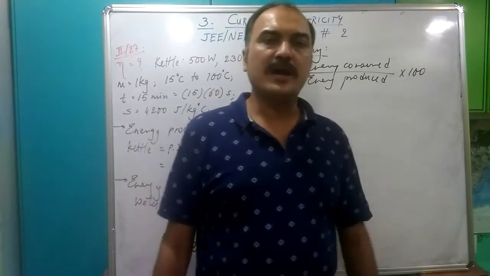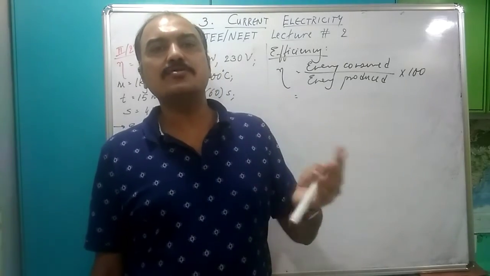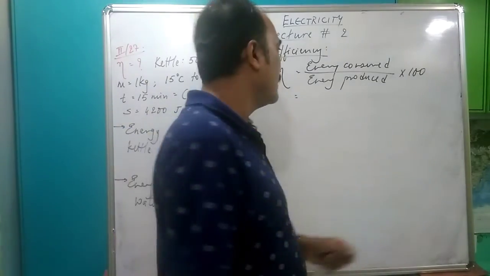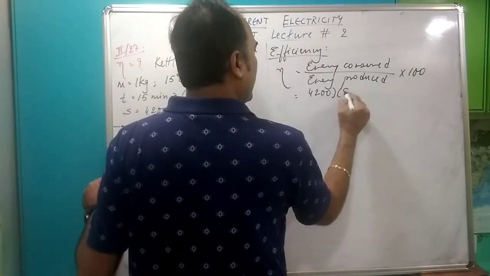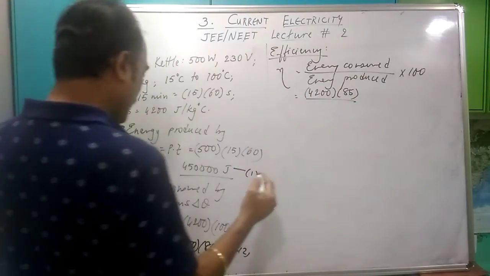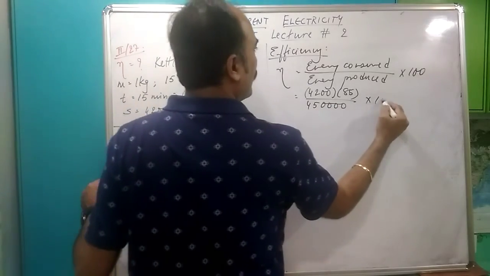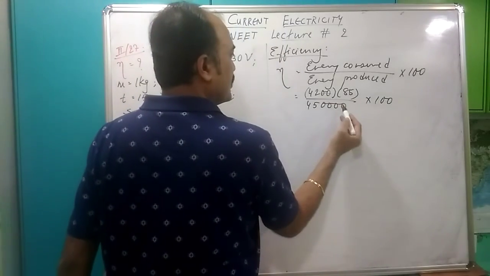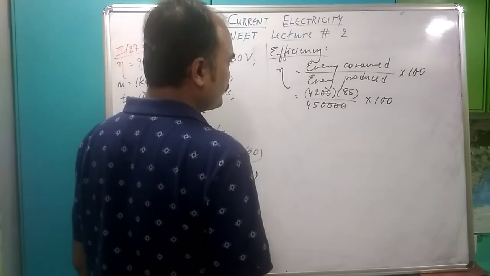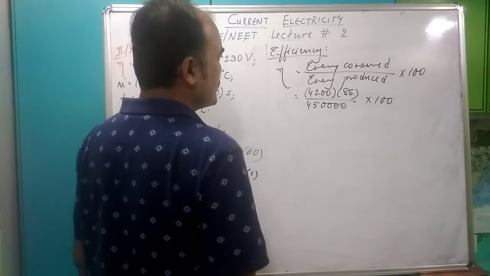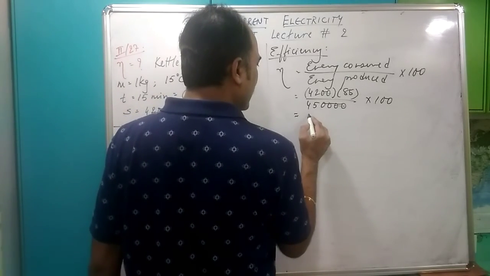Meaning suppose 100 joule of energy is produced and only 80 joule is used, then what is the efficiency? 80 by 100, that's 0.8. So 4200 into 85 over 4 5 and 4 zeros, the whole into 100 if you want it in percentage. So this cancels, and 4500 and this is 85. It should be around 80%, slightly less than 80%.